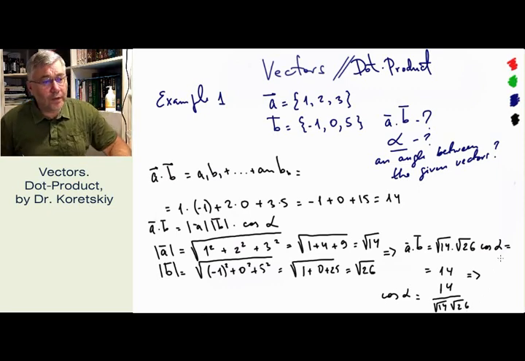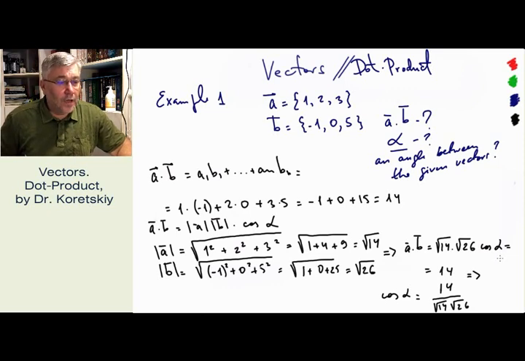So this formula gives the trigonometric function of the angle, which is as good as knowing the angle.